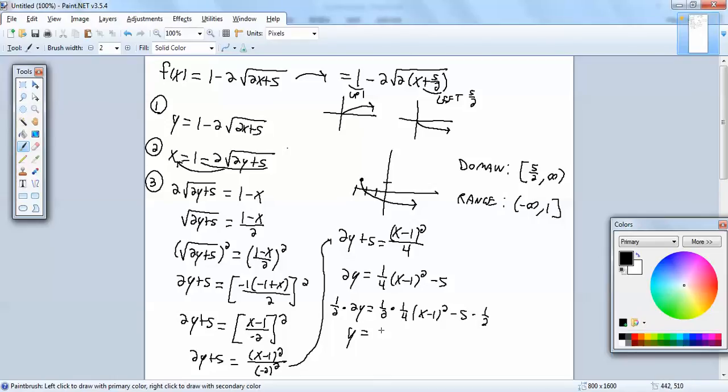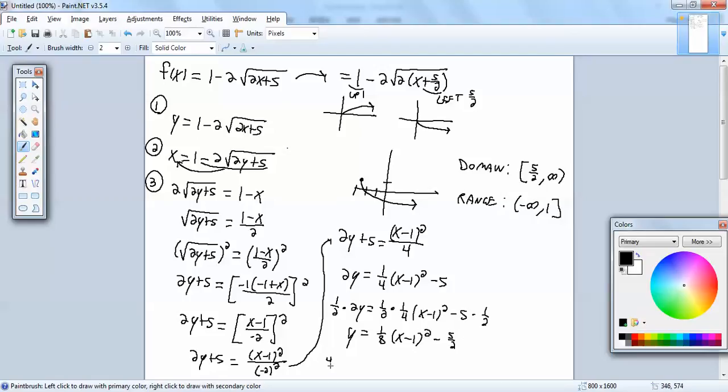So I get y is equal to 1/8 times x minus 1 squared minus 5/2. Like I said, there are different ways you could have written that. You could have left it as 1 minus x. Now, we can't have an even power here. That's why it's not 1-to-1, why we have to do something additional.